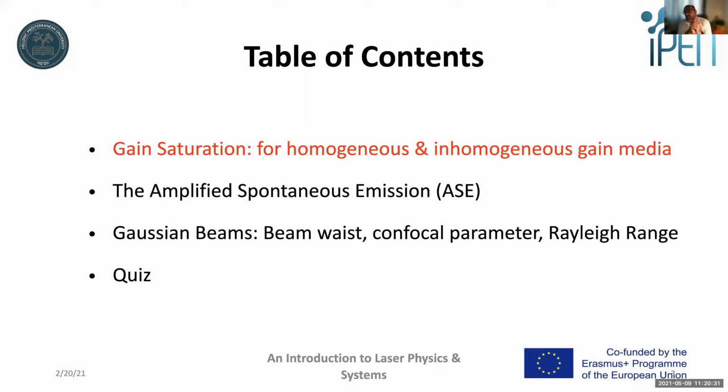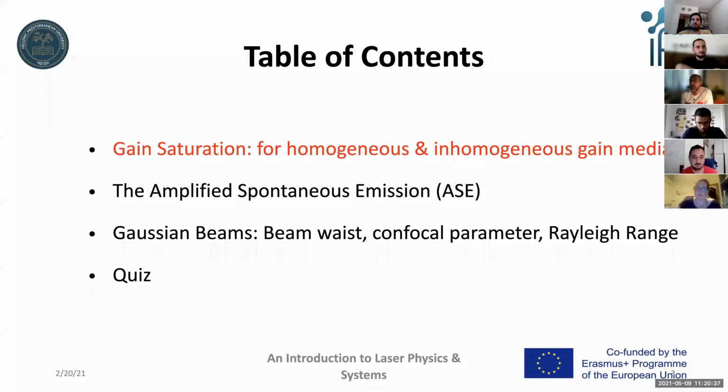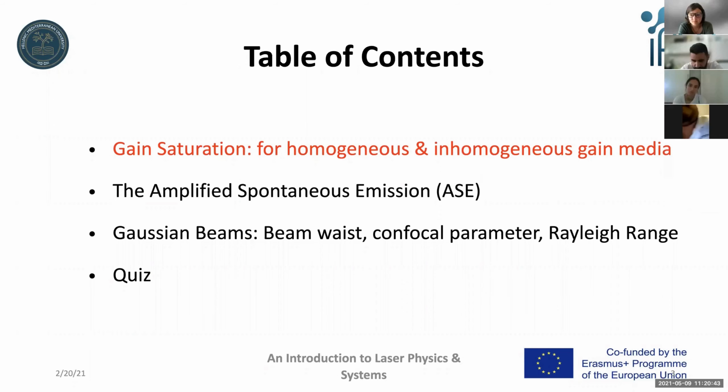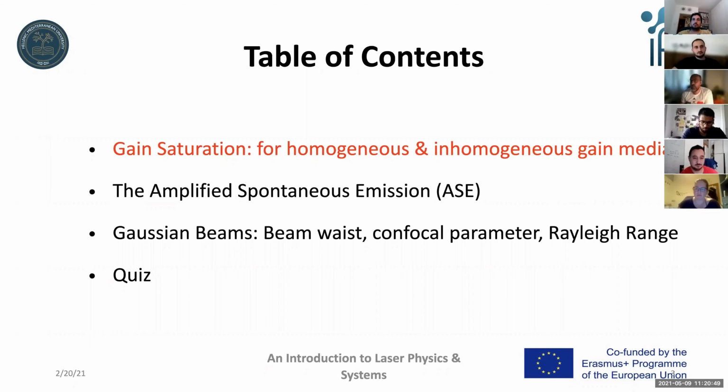Yes, because of the medium. The first reason is that the lifetime of the atoms in the excited state is limited. This means that we have a quantum effect, the uncertainty principle, which gives a limited lifetime of the electrons on the upper states. This leads to a minimum broadening.